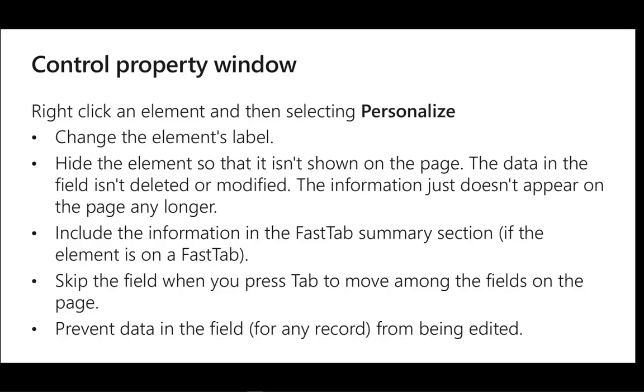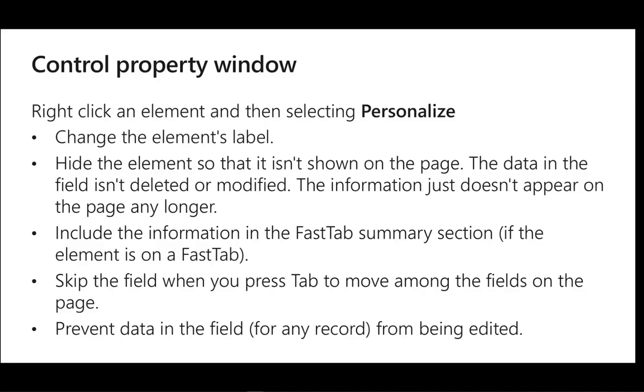If some fields are not used in the business process, we can hide them so that they don't show on the page. This will speed up user data entry for sure. The data in the field isn't deleted or modified, it's just hidden. The information just doesn't appear on the page to the user.